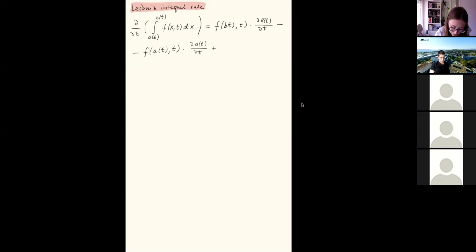And then we also add the derivative of the function in the integral, if of course it depends on this parameter, which in our case actually doesn't, but again, this is just a reminder. Okay, and so this was the rule that we used to take the derivative of the exponential on the previous page. And hence, just to rewrite what we got, the time derivative is equal to the following.